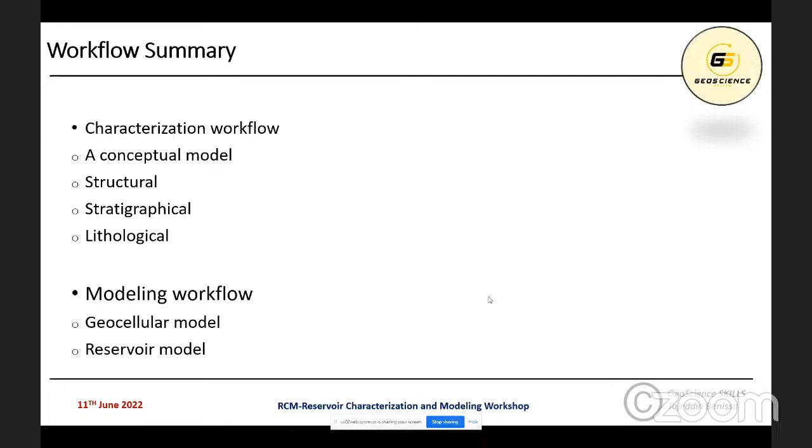First is the static model or the geocellular model, in which we will put all the static data and the reservoir characteristics, from thickness, structural features, porosity, permeability, facies, and everything. Then a reservoir model where we will run simulation and see the flow behavior.